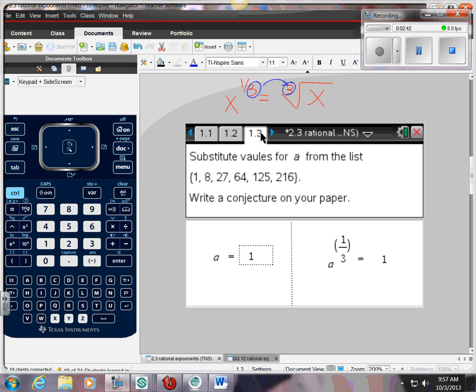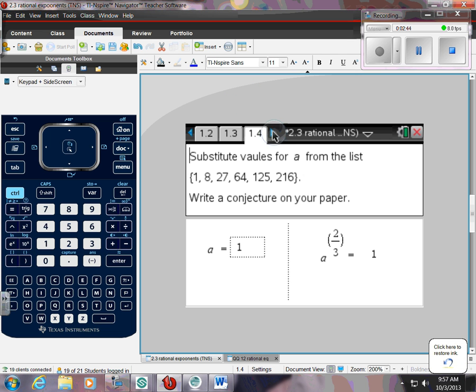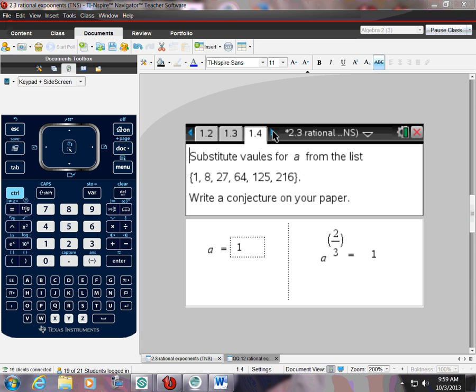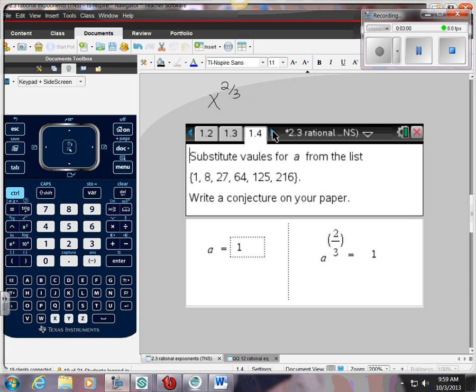So let's get a little bit harder. x to the 2/3 power. So let's see if you can figure out this one. You're going to plug in those values and see what happens. Brandon, what do you think? Good. Okay.